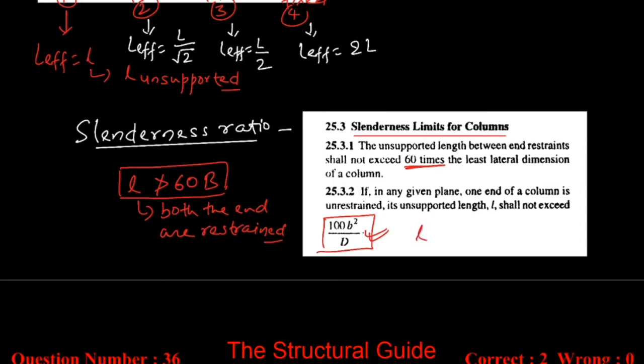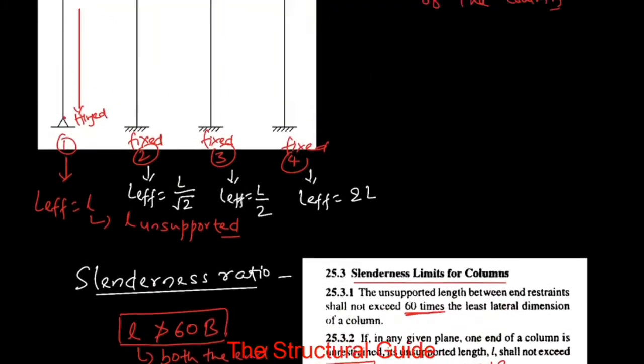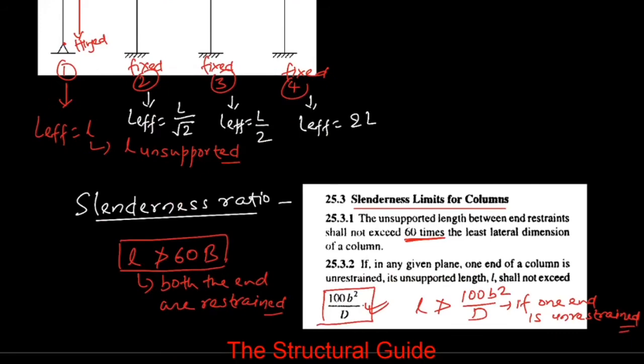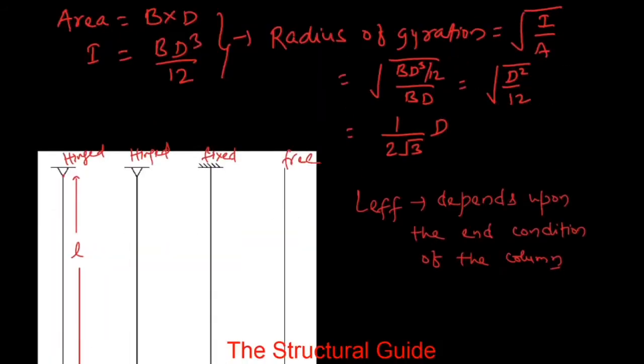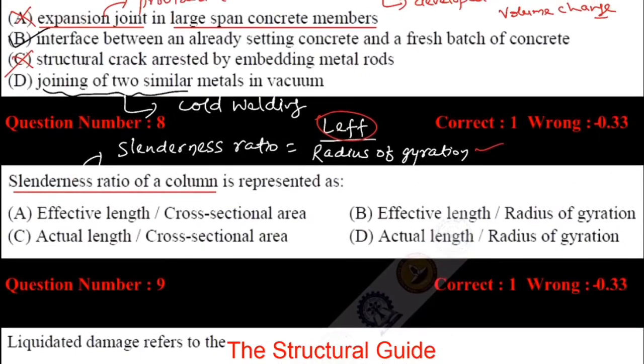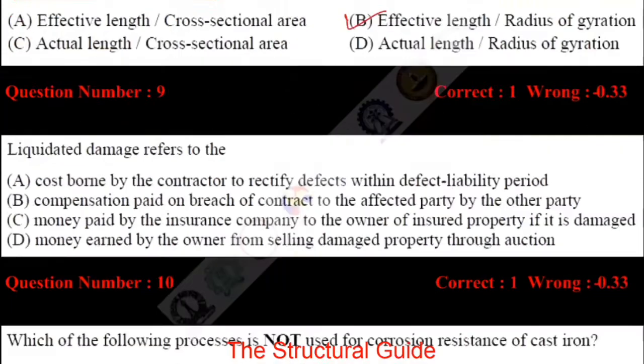L should not be greater than 100 B square by D. This is valid if one end is unrestrained. One end is unrestrained means one end is free. So this is what we have to understand from the slenderness ratio of the column. The correct option for this question is option number B, effective length upon radius of gyration.